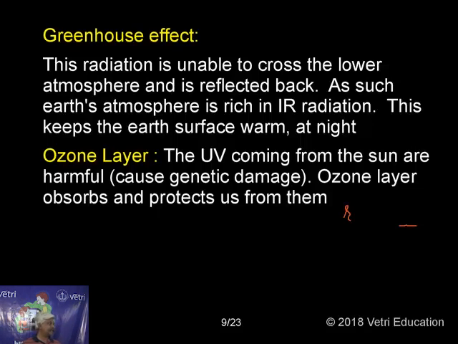Ozone layer: just like I said, the UV rays coming from the sun are harmful and cause genetic damage. The ozone layer absorbs all the UV rays and protects us from them. Nowadays, we are also seeing some holes in the ozone layer.